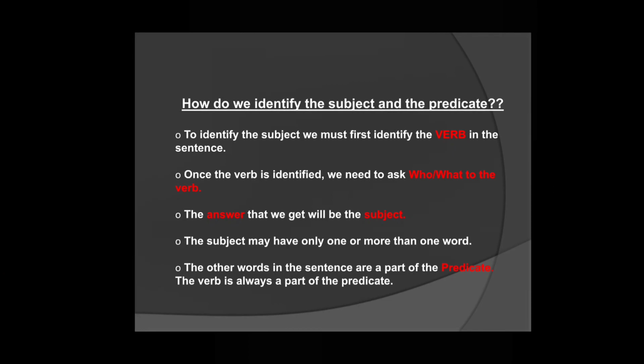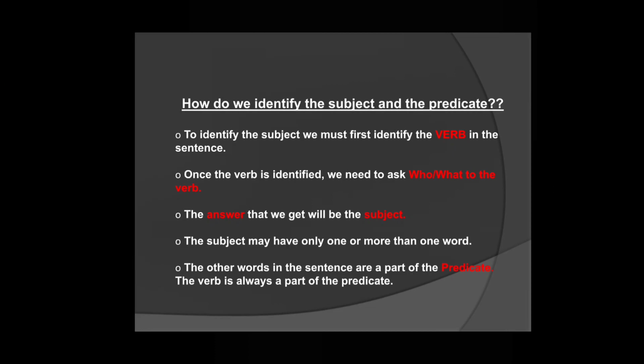As I have said already, you must know which are the words that are classified as verbs. Now, once you have identified the verb, you need to ask who or what to the verb. So, first when you see a sentence, you need to identify the verb. Then once the verb is identified, you have to ask who or what to the verb.